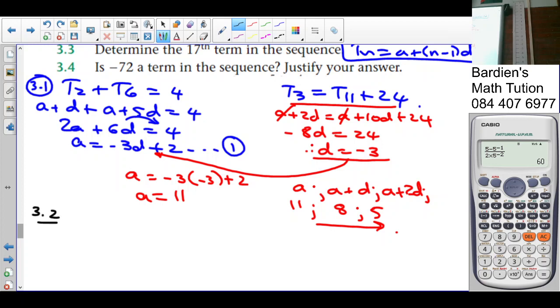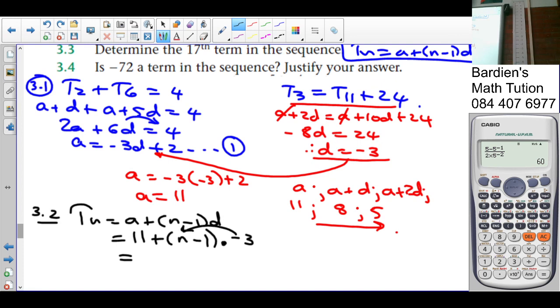People, what was question 3.2? The nth term. So Tn is equal to A plus (n minus 1)d. What's your A value? 11 plus (n minus 1) times negative 3. That's going to give you negative 3n, positive 3, plus 11, which gives you 14. Any issues there? No? 3.3, determine the 17th term of the sequence.